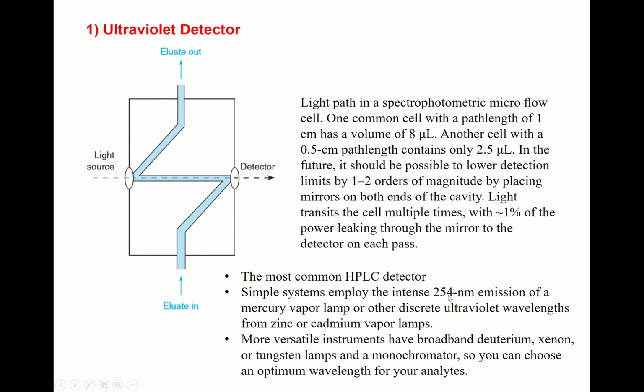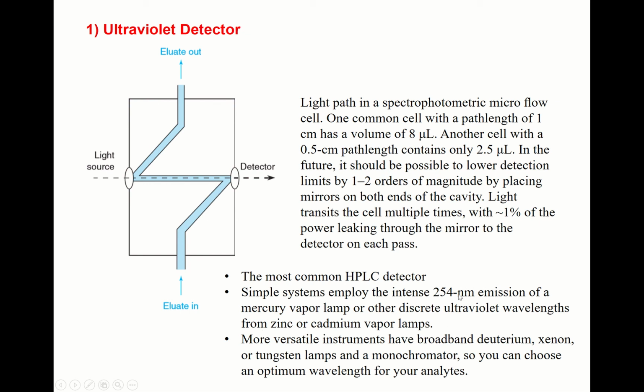That is the most common wavelength, or other discrete ultraviolet wavelengths from zinc or cadmium vapor lamps. Okay, but sometimes the molecules don't have any significant absorption at this wavelength. In that case, you must have different light from different lamps, like zinc or cadmium vapor lamps.